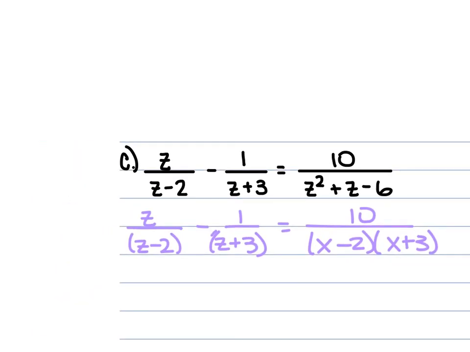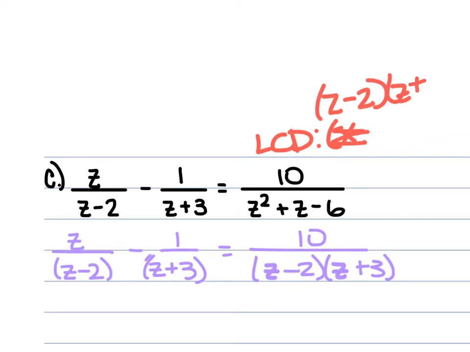So our least common denominator here for this one is z minus 2 times z plus 3. I'm saying z, writing x.